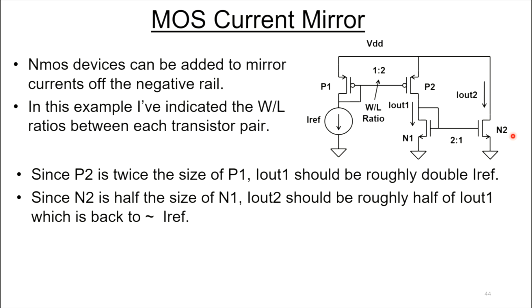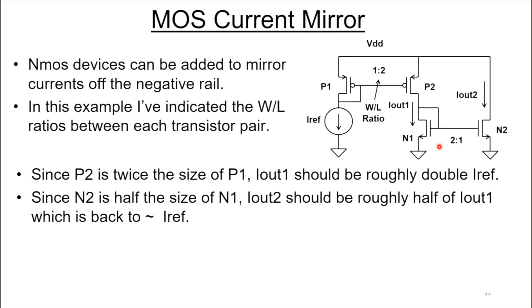So you can add NMOS devices when you want to mirror currents off the negative rail. So here I start off with an IREF current, and it's generating a current, and I have my width over length ratio set at 1 to 2. So that means this current is going to get gained up by a factor of 2 and appear over here.